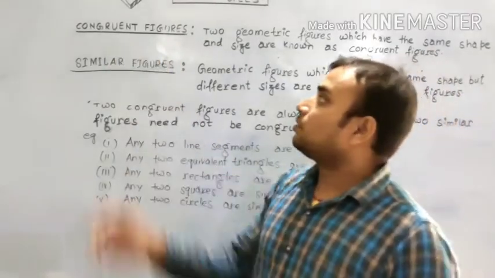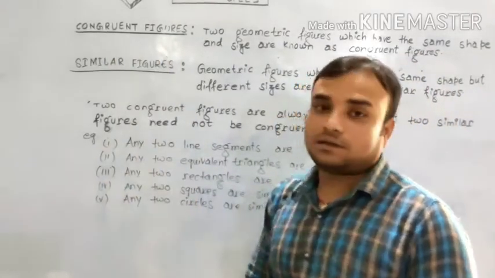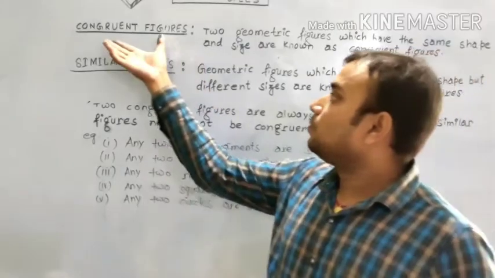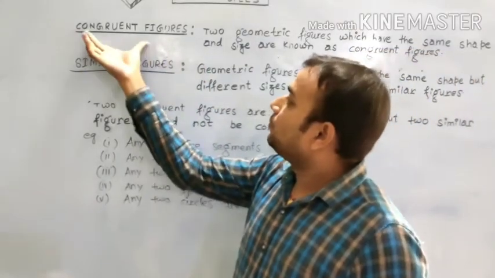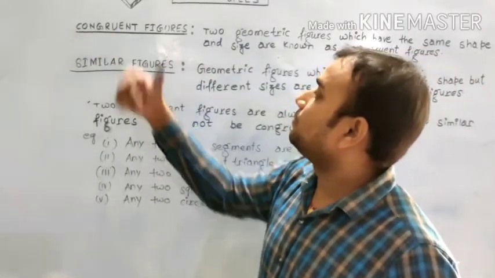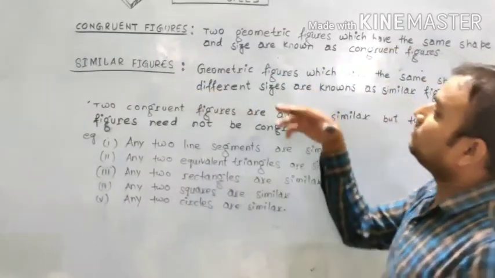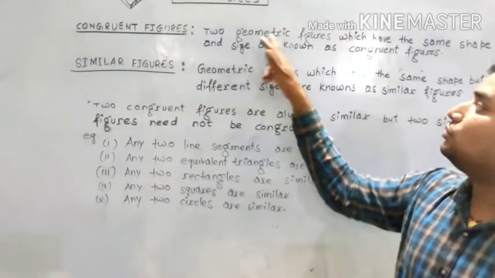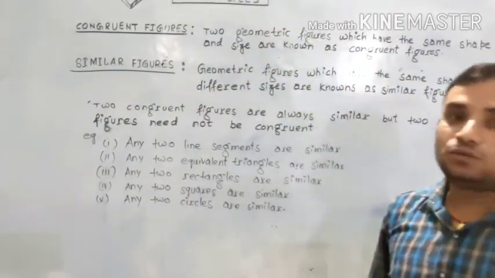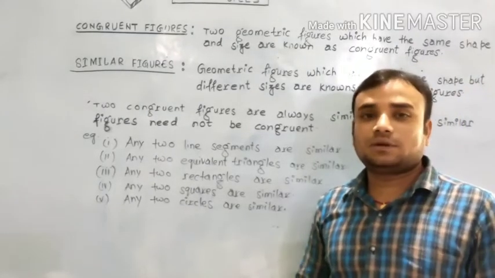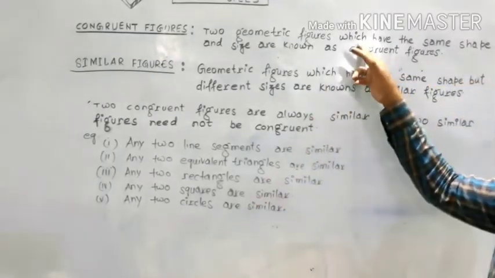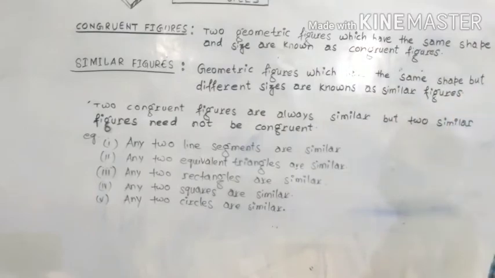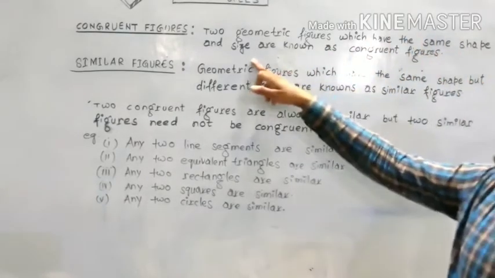Now our topic is similar triangles, but we already studied congruent figures in class 9 or previous classes. Two geometrical figures having length and breadth which have the same shape and size.